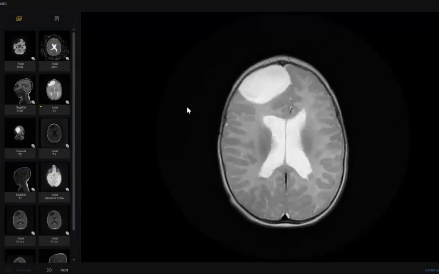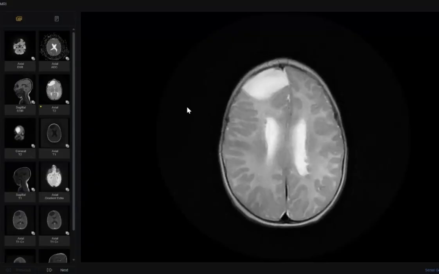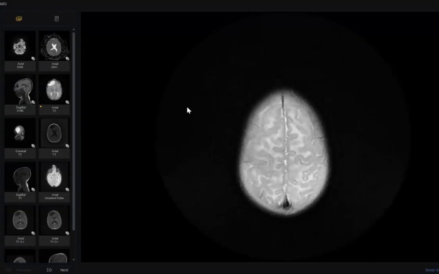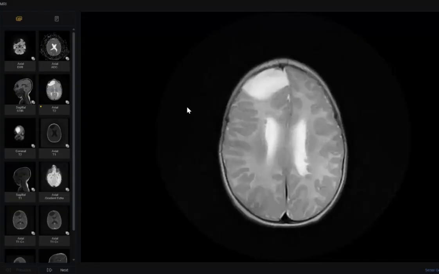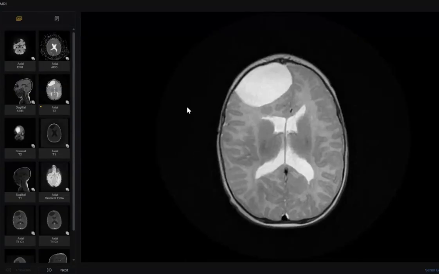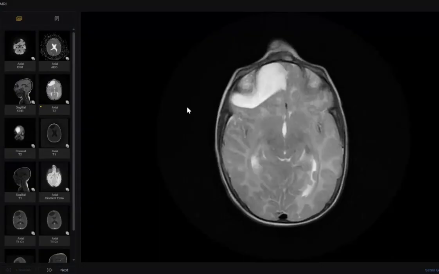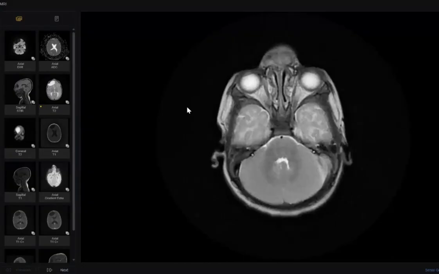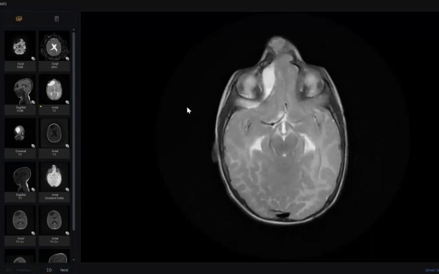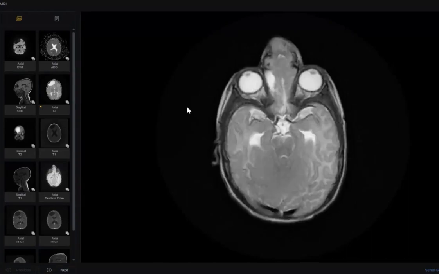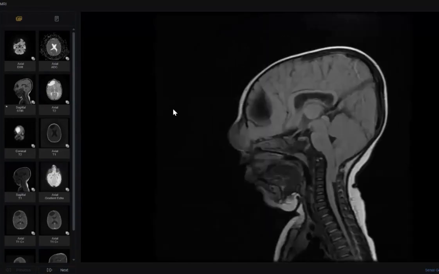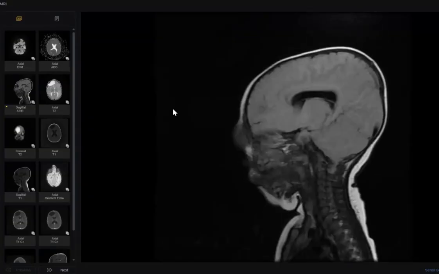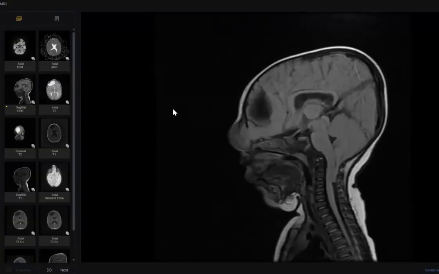Besides this, somewhat abnormal gyri were also seen in the vicinity of this high intensity region. Also, there are other lesions in the frontal region.